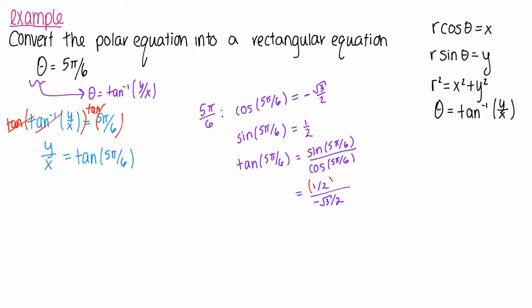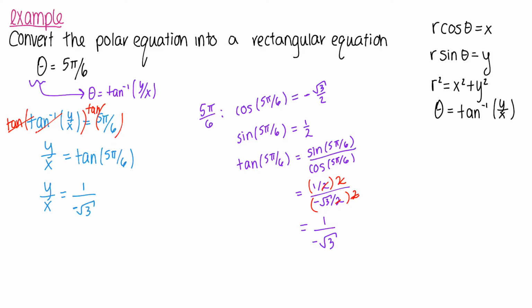Multiplying the top and the bottom of this fraction by 2, and cancel these 2's, cancel those 2's. And it equals 1 over negative root 3. So y over x is equal to 1 over negative root 3.